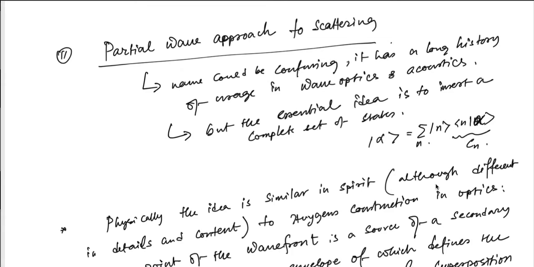But the basic idea from the quantum mechanical formalism is to insert a complete set of states. So if I have an arbitrary state alpha, I insert a complete set of states and calculate these projections, or these coefficients, and how this state is expressed in terms of the eigenvalues of a particular problem.